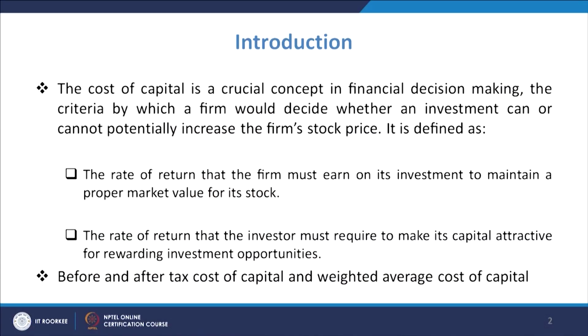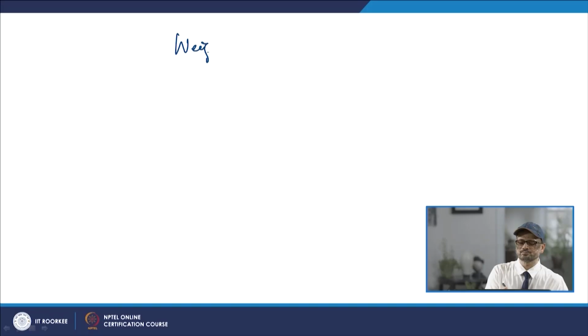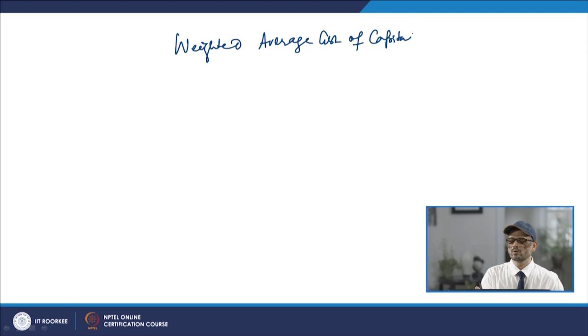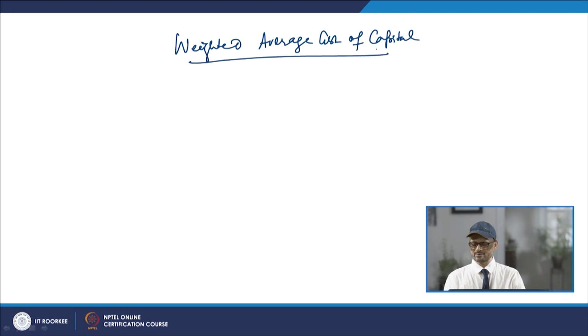Now, we will discuss different terms, like the weighted average. So, we had also said one is the weighted average cost of capital. Now, if you come to the weighted average cost of capital, as the name indicates, it will be taking the weights.